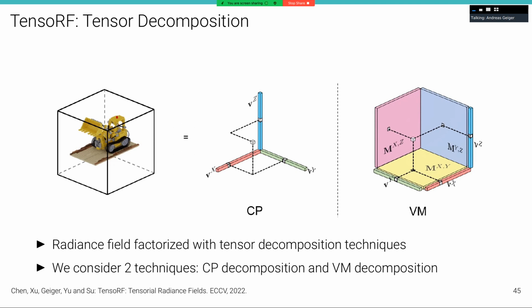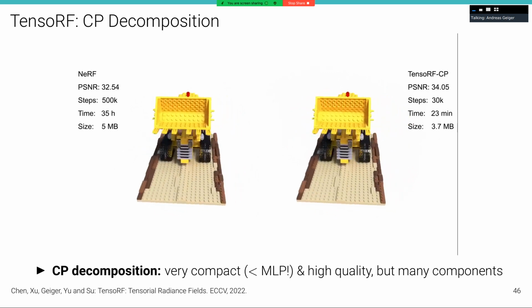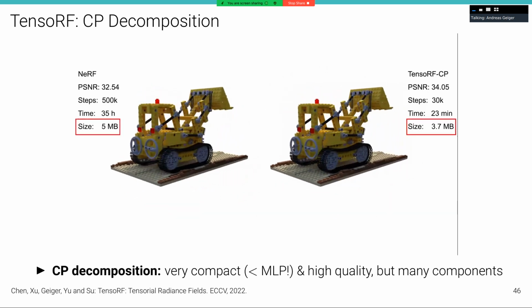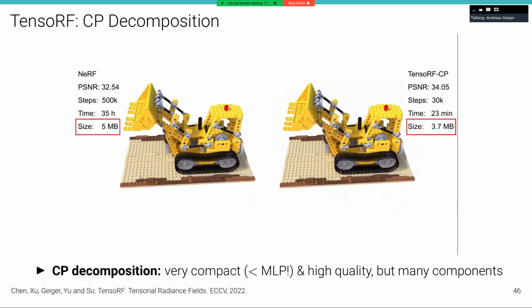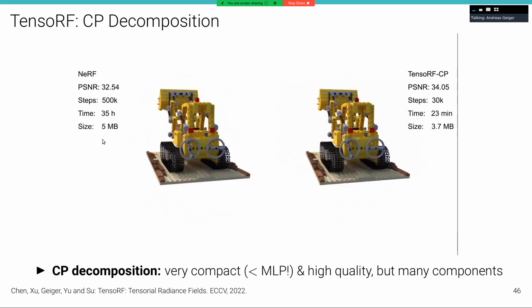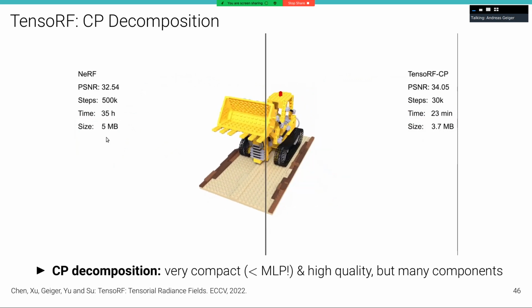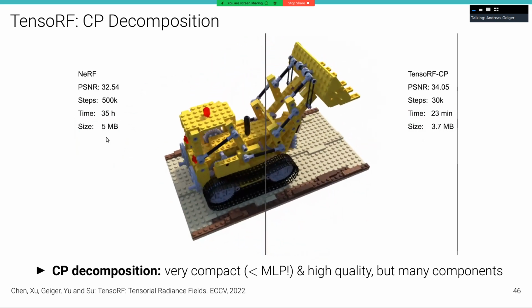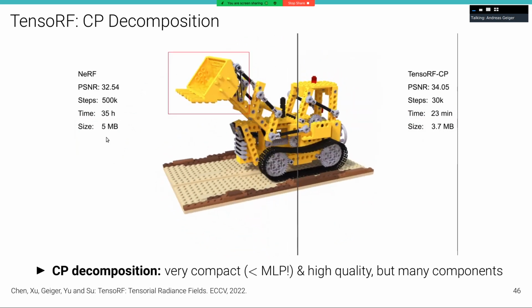As already discussed, we have these two different decomposition techniques, and each of them has their own advantages and disadvantages. So let's look first at the CP decomposition technique. For the CP decomposition technique, we obtain very compact models, even smaller, 3.7 megabytes compared to 5, than MLP-based representations in vanilla NeRF, which are known for their small model size.